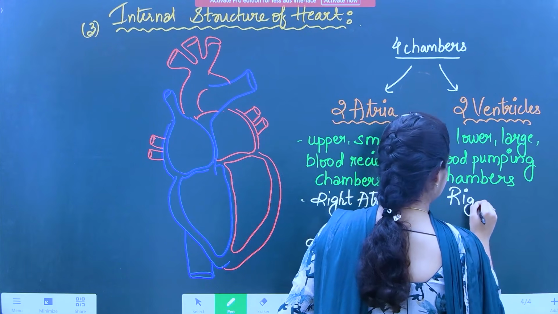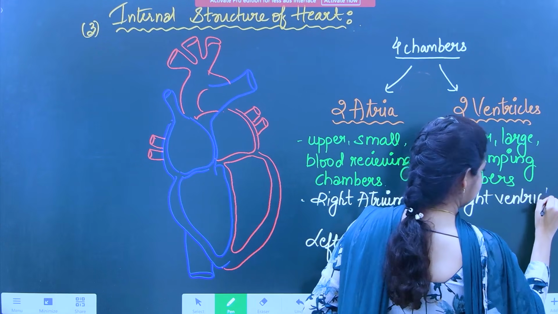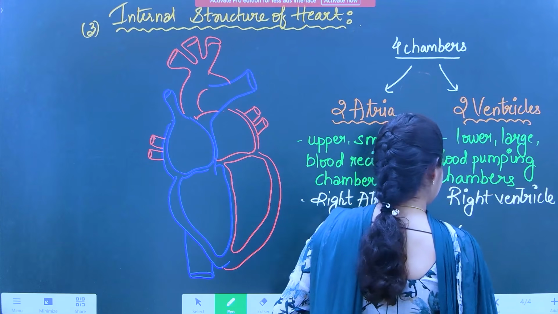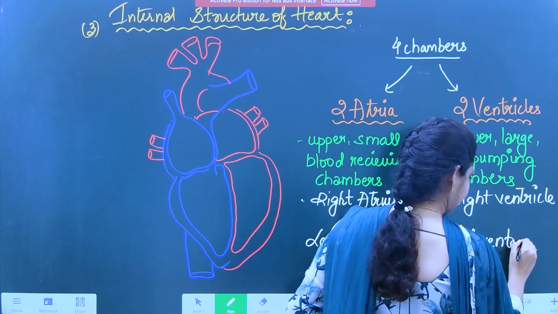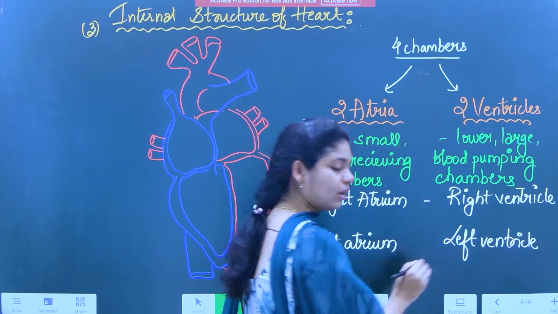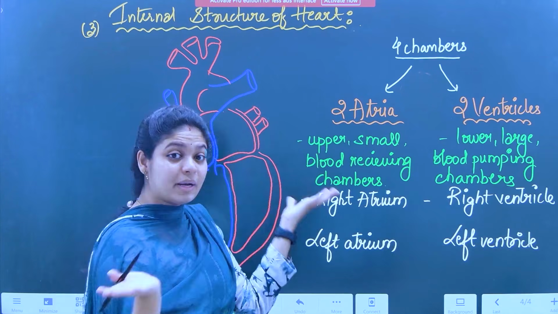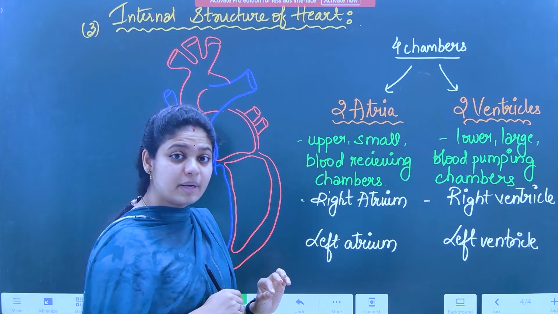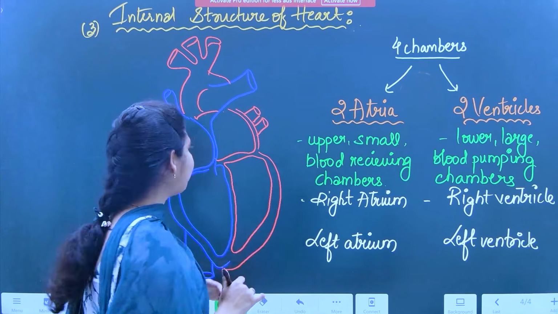Right ventricle, left ventricle. Understood? Two upper chambers, which are blood receiving chambers. Two lower chambers, which are blood pumping chambers.